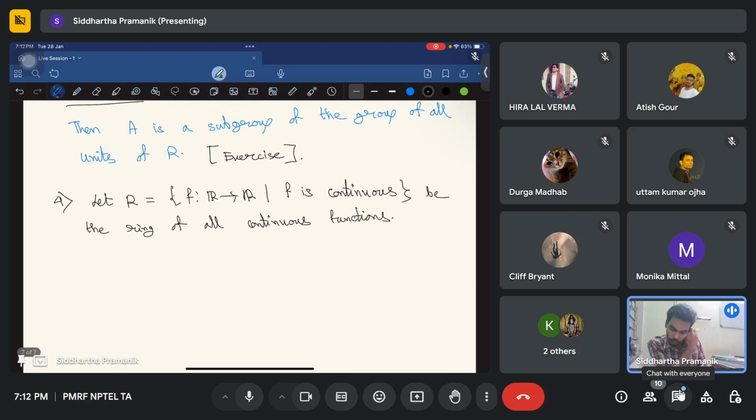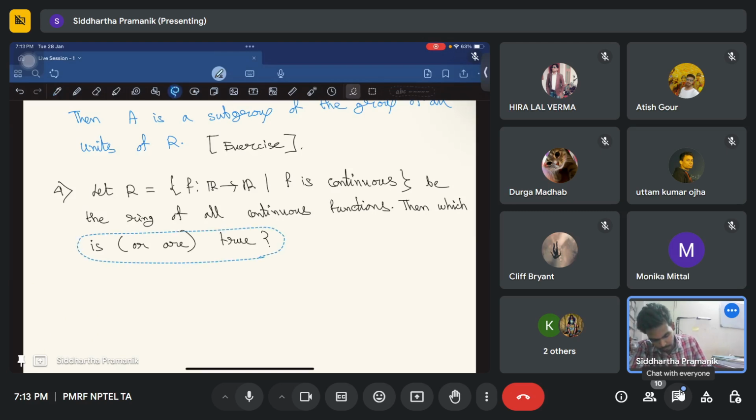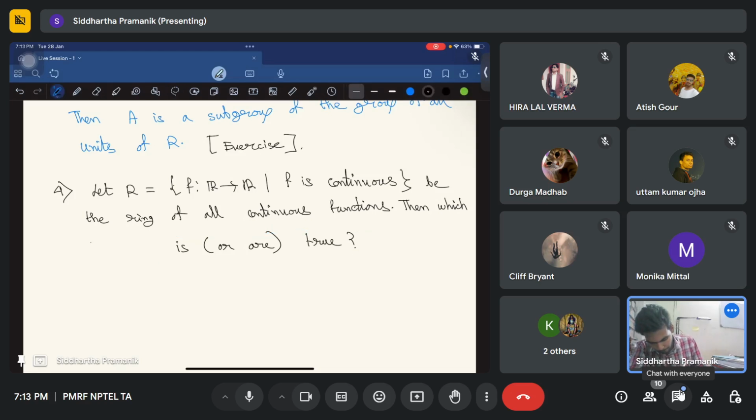Now this is a true-false type question. Which statement or statements is true?